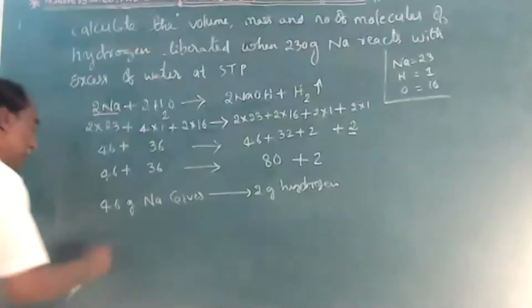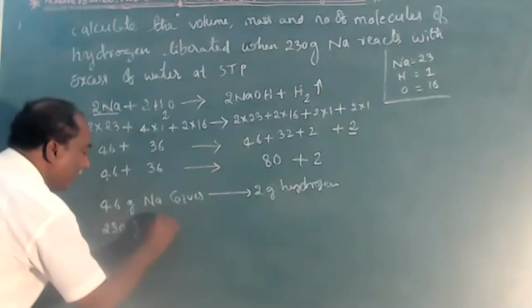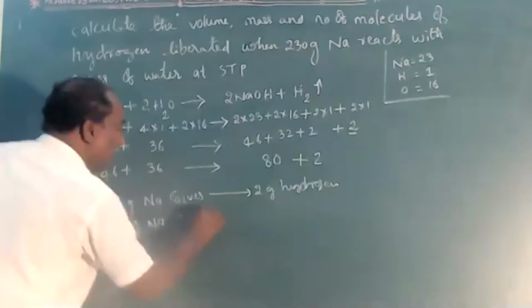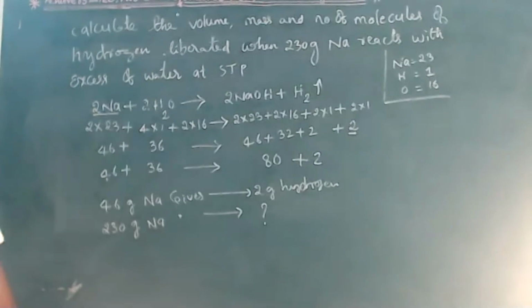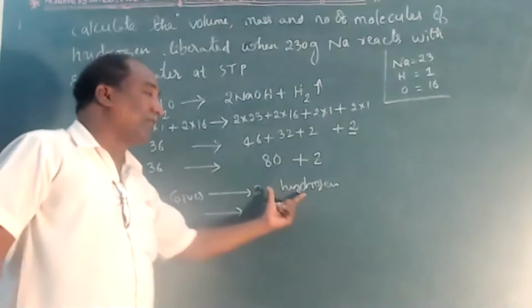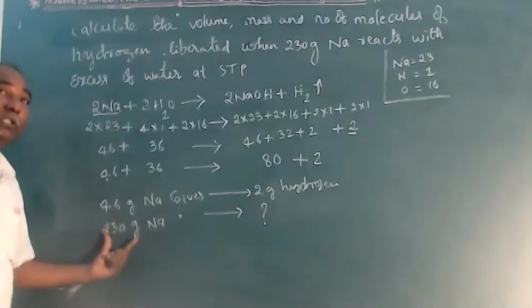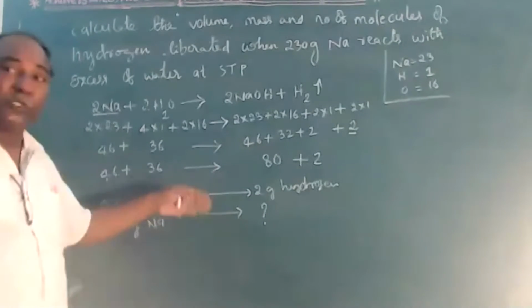230 grams of sodium gives how much hydrogen? 46 grams of sodium gives 2 grams of hydrogen. Then 230 grams of sodium liberates how much hydrogen? Are you understood, children?